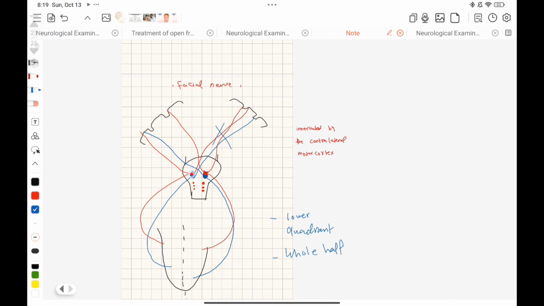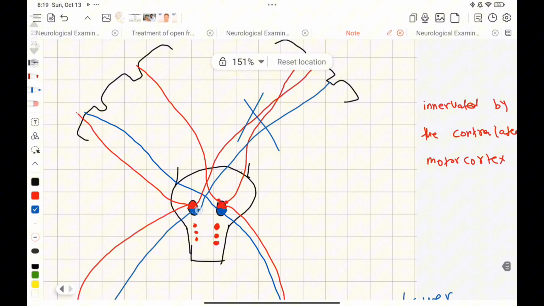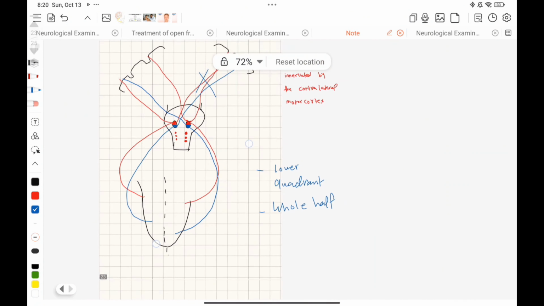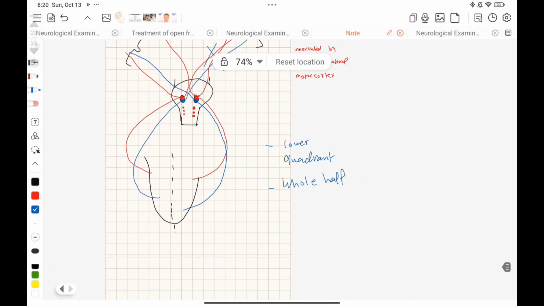Okay, so the upper portion of the face will not be affected, while the lower part has only one supply from the contralateral side. So the cut is here, there is no other supply here, so the lower part will be affected. So the lower part will be affected if the lesion was here.